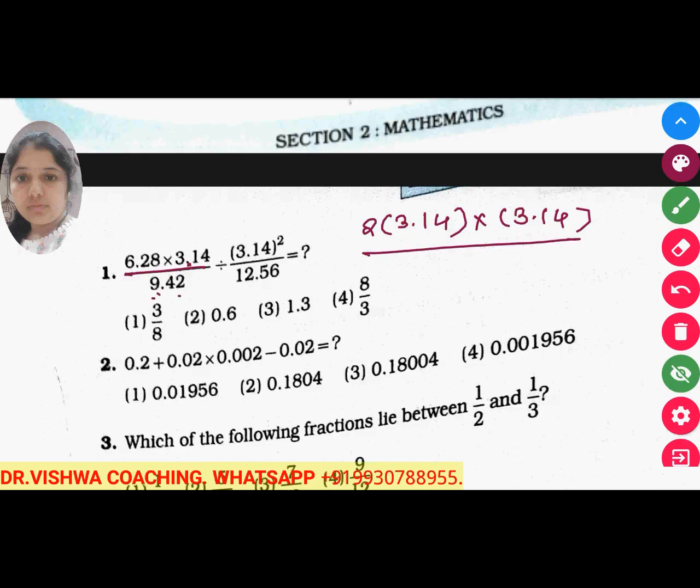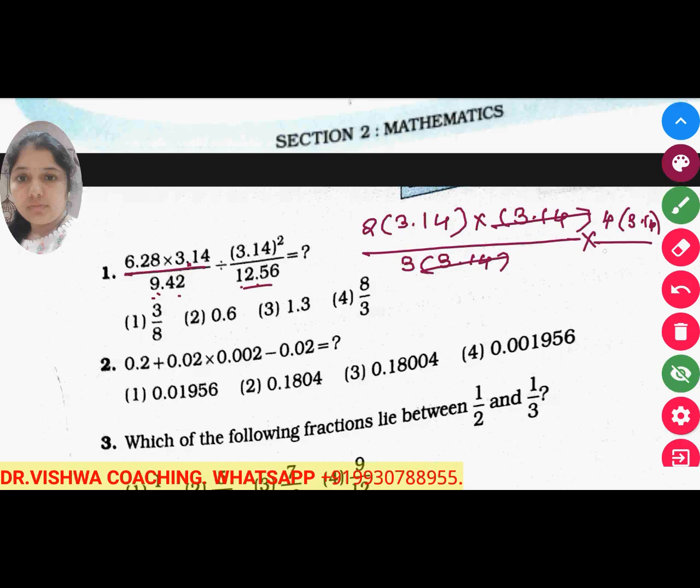What is this 9.42? It is also 3 into 3.14. 14 3s are 42 and 3 3s are 9. So this 3.14 and this one 3.14 will get cancelled. Now these all the things are in division, so it will go to multiplication. What is 12.56? It is nothing but 4 into 3.14.